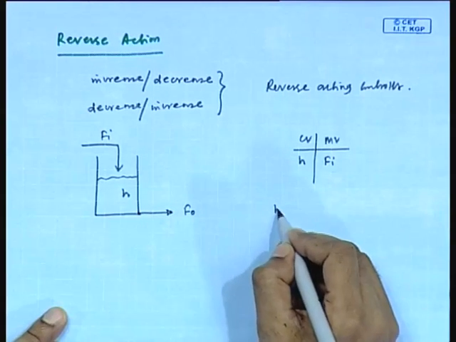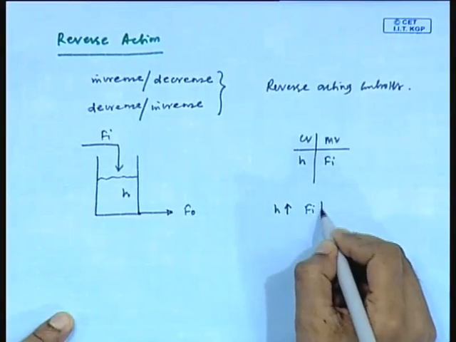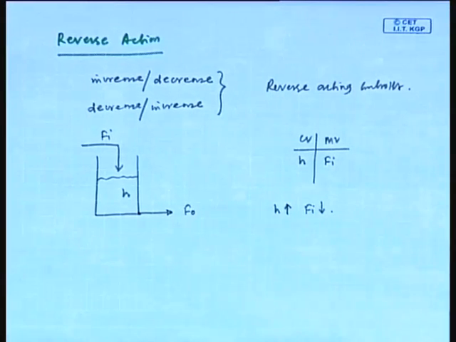You see, if we increase the height, what is required of the controller? The controller should decrease Fi to maintain height at its desired value. If height increases, the controller should decrease Fi to maintain the liquid height at its desired value. That means it is reverse acting.